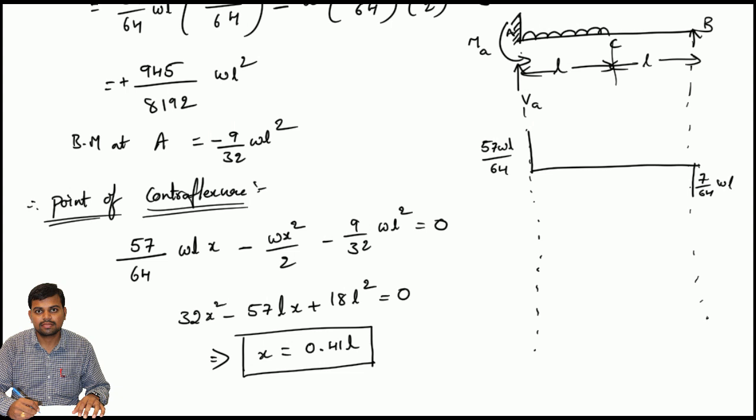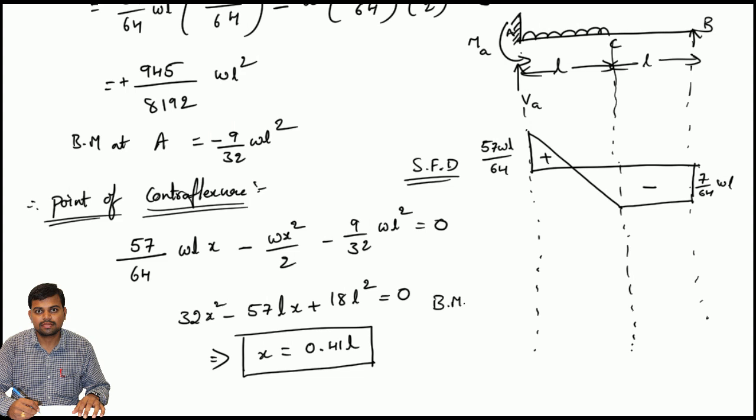So at point C, I am extending this line here, and up to this intensity you will have it like this. So this is positive and this is negative, and this is the shear force diagram for this case.